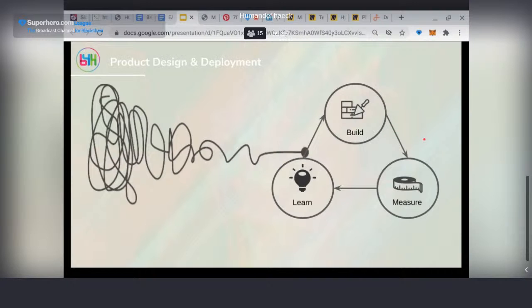Today we know that this is handled by a paradigm called the lean startup, which is just proposing a way for teams building products to build stuff, to measure and to learn, and to do a continuous iteration process.